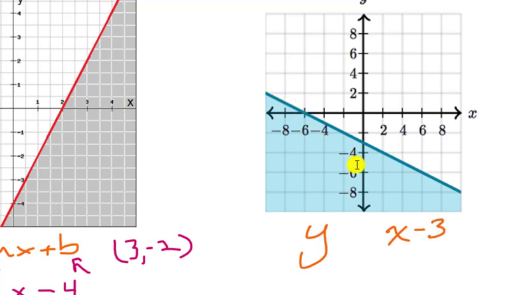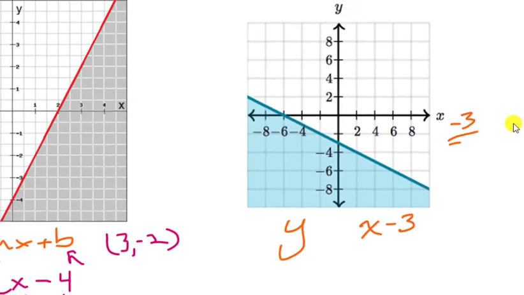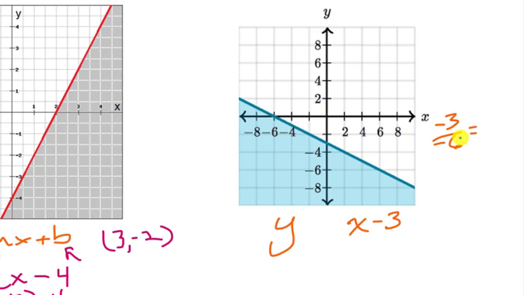What is my slope? Well, I'm just going to pick 2 points and simplify instead of trying to read this. So I notice it's crossing at -3, and it also crosses at -6. -6 is my x value, -3 is my y value. So I'm going to write those two and simplify. I can always do that. So -3 over -6, and that's going to give me a half.